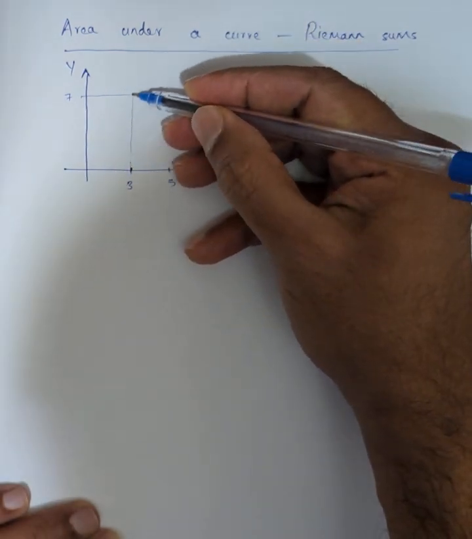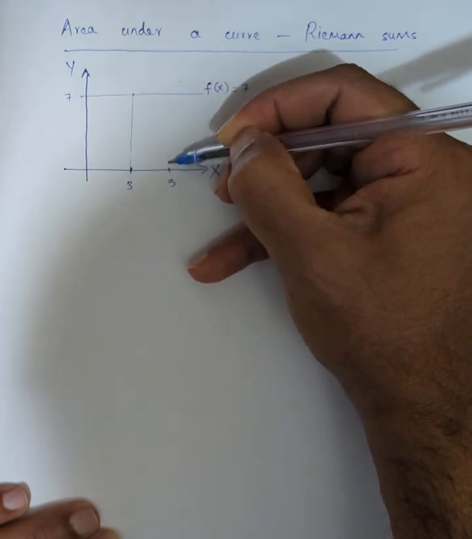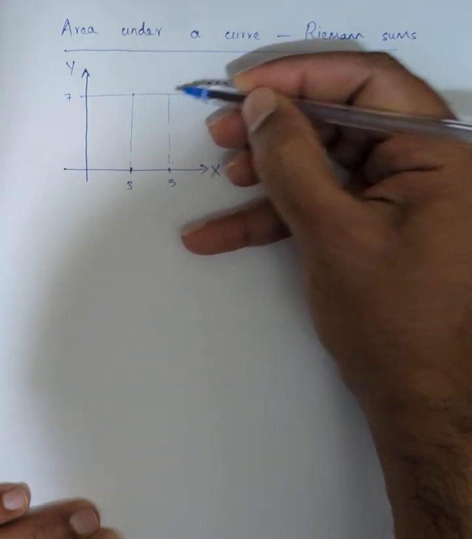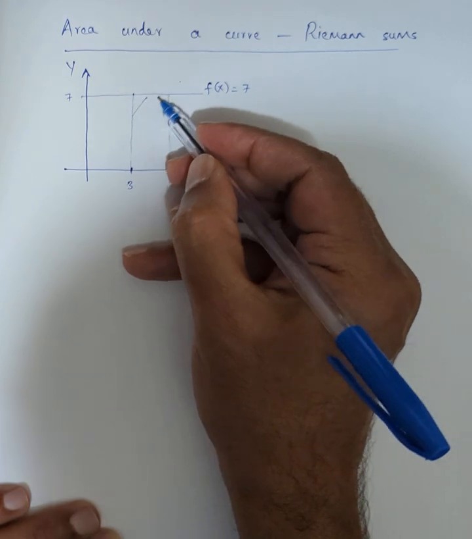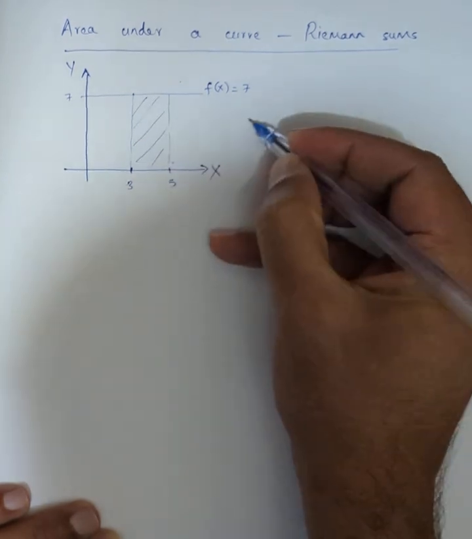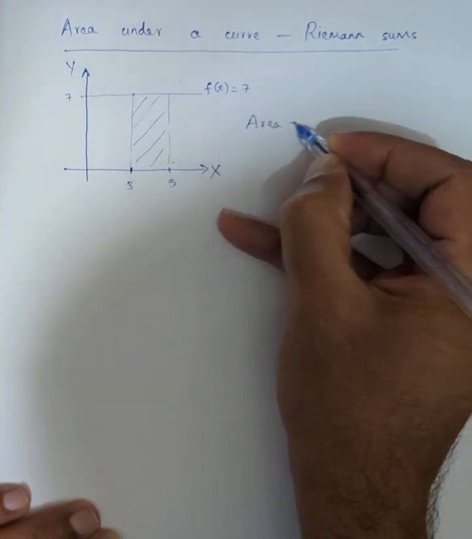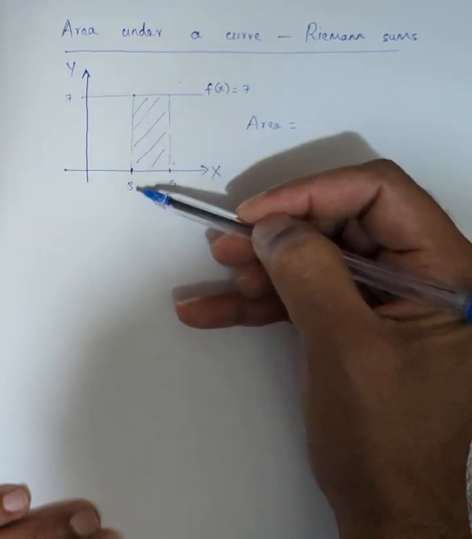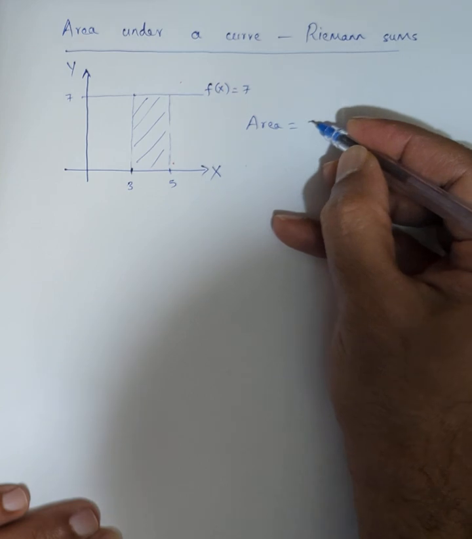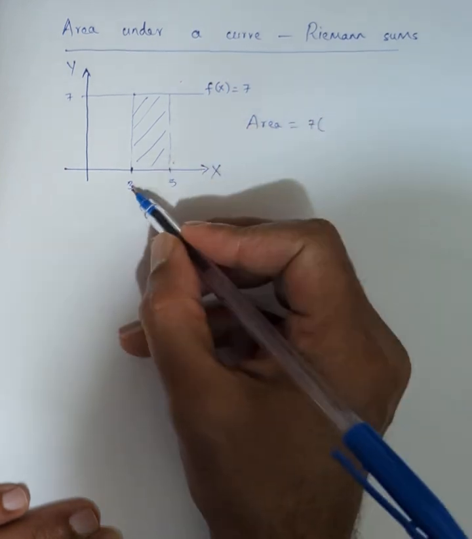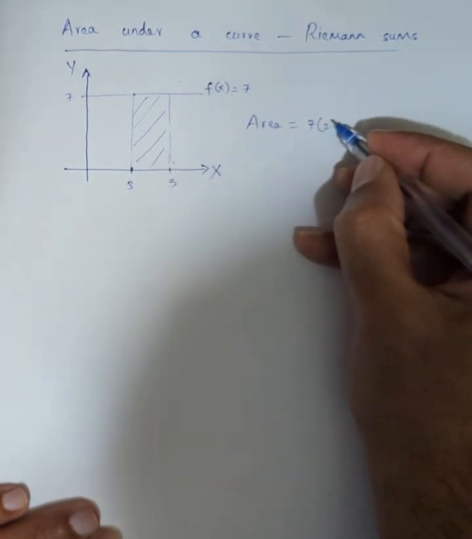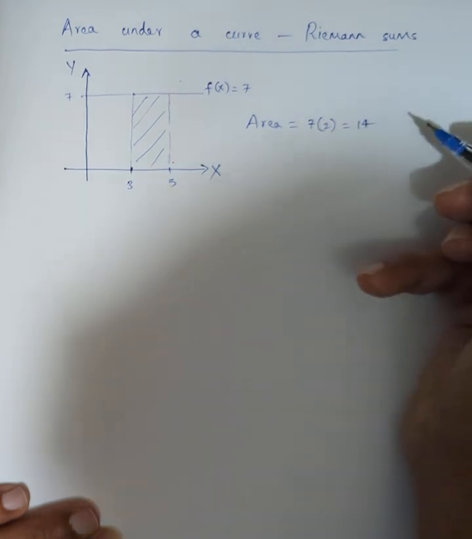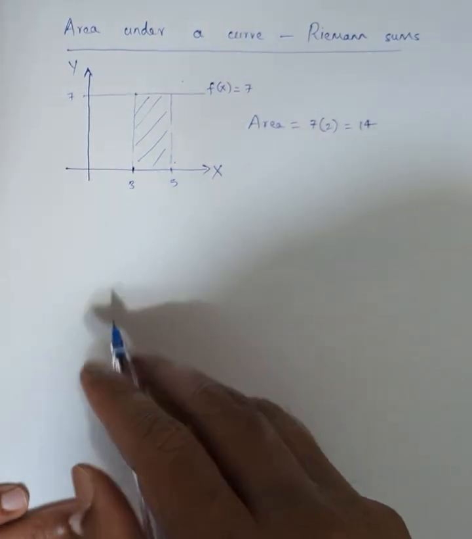Between these 2 points, you can see that this is going to be just a rectangle, and area is simply the length times width. So the length of the rectangle is 7, and the width is 2, so you're going to get 14 square units.